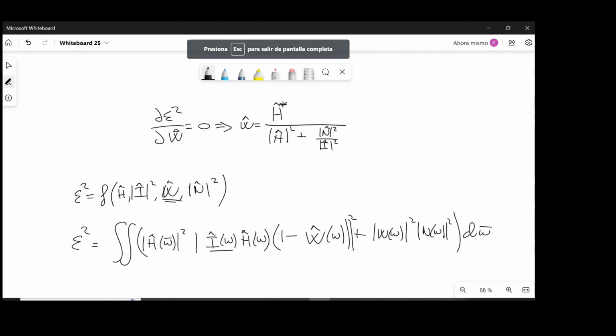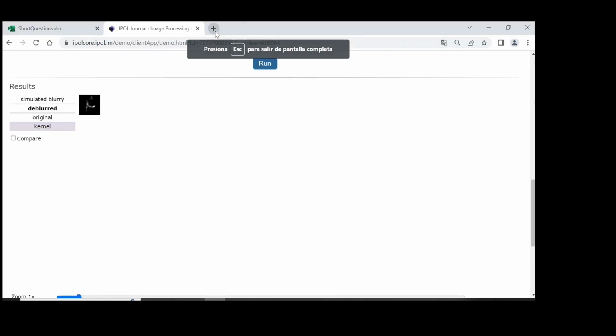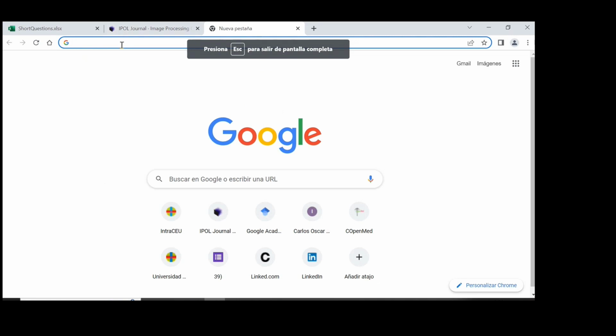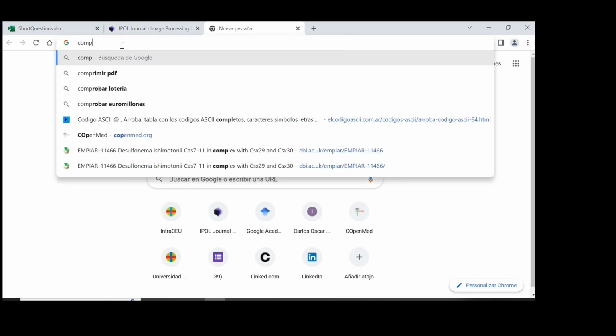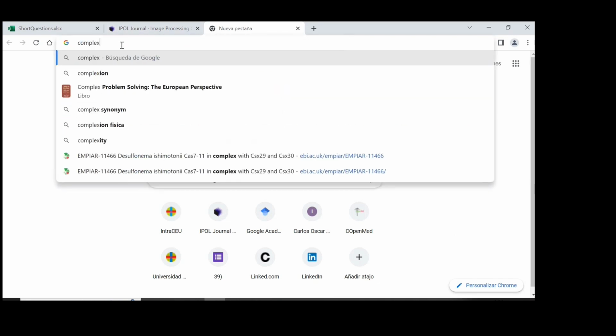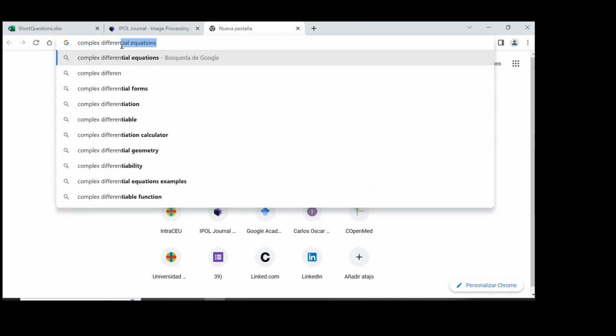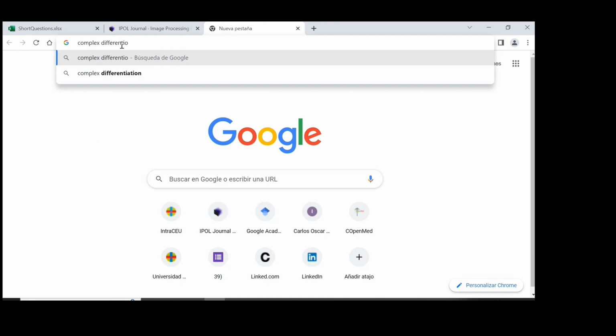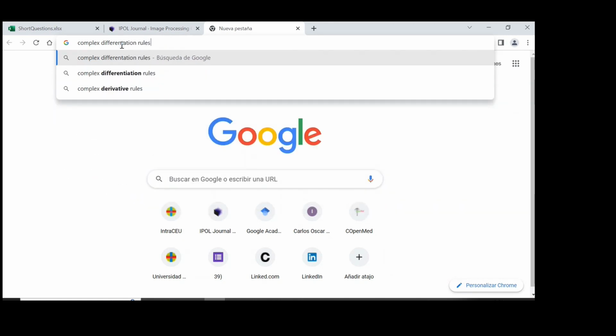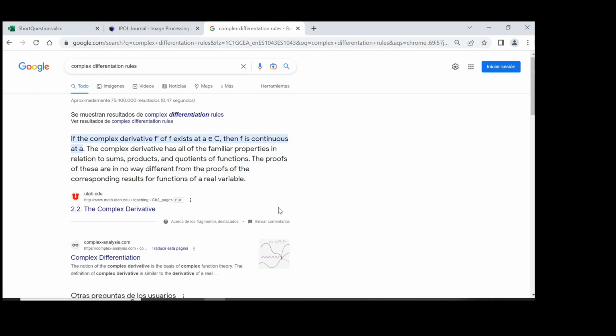So all I will mention is, you know how to differentiate some functions. Normally real calculus, but there are also kind of complex differentiation. Complex differentiation.